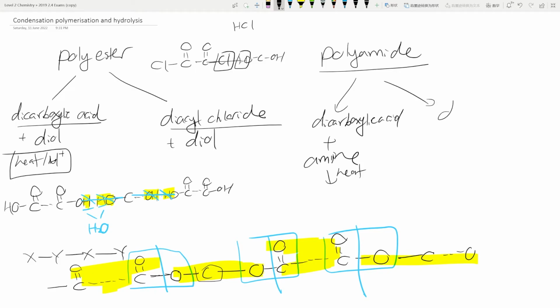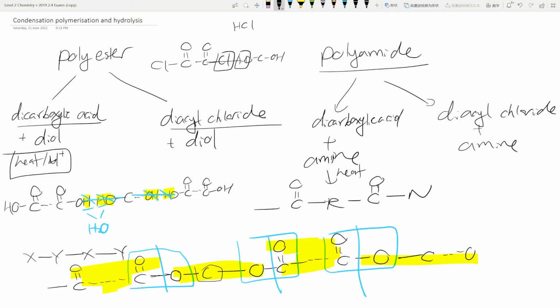And then the other one you use, same thing, is acyl chloride, and then you also use an amine, but this one you don't need to heat because it's more reactive. So in this case, you're going to make CO bonding to whatever is in the middle. I'm just going to put R here with a C double bond O, and this time you have the nitrogen because it's the amine, it's not OH anymore.